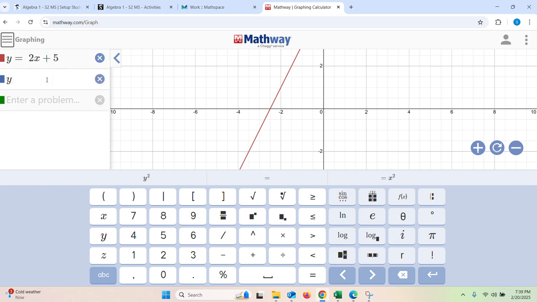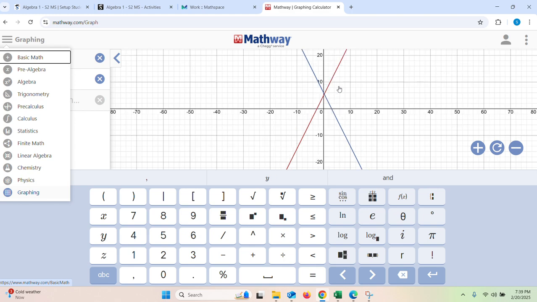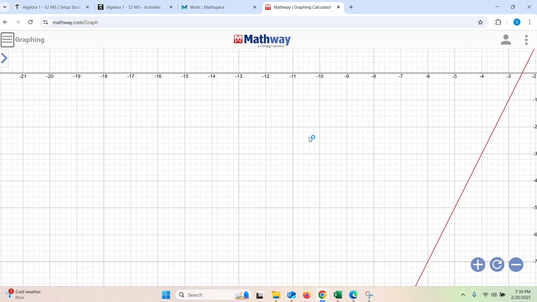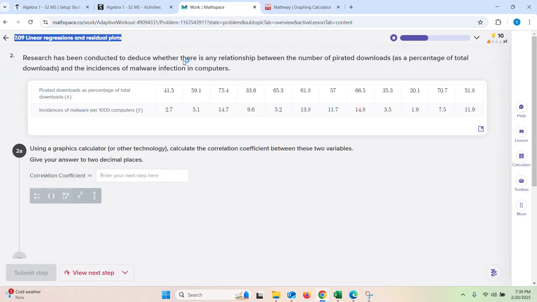And when you do systems, you can do multiple equations, and it graphs it for you, and you can zoom in and zoom out. And for that, you're going to look for where they cross. Okay. Anyway, that's Mathway, but it's not going to work for this.